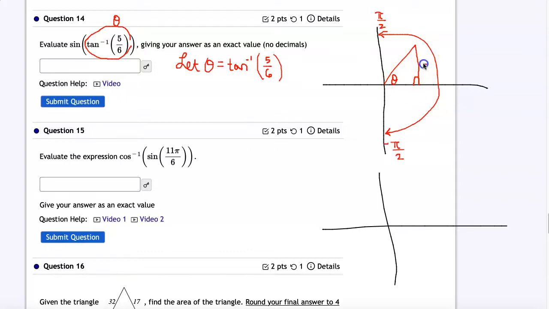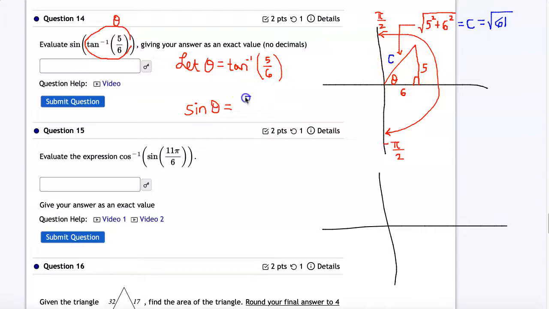Tangent of theta, theta would then be right here next to the origin, is going to be in a right triangle opposite over adjacent. So now we're going to try to figure out what is the sine of theta. So using the Pythagorean theorem, if we call this side C, then we end up with C is equal to the square root of 61, using a squared plus b squared is equal to c squared. So the sine of theta, remember, is going to be opposite over hypotenuse.